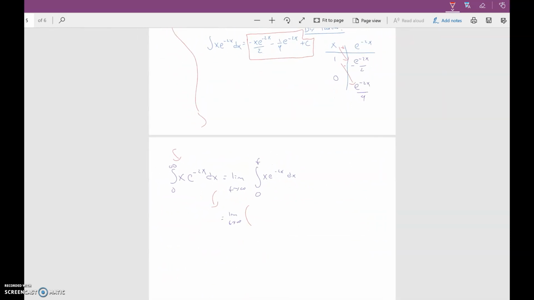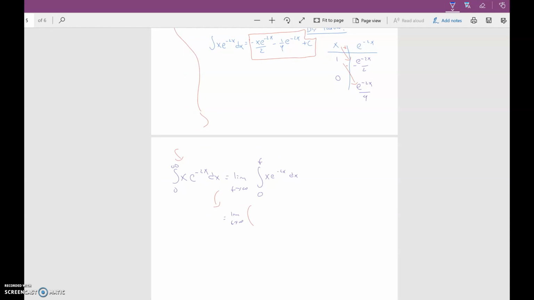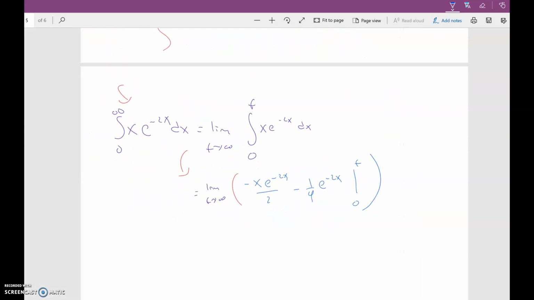And this one ended up being a negative x e to the negative 2x divided by 2, minus 1/4 e to the negative 2x, evaluated from 0 to t.